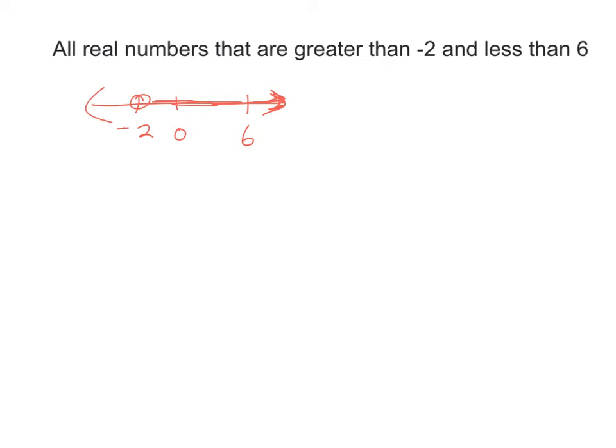But what about less than 6? So another graph, we have -2, 6, 0. Less than, we shade to the left. If we put them together, remember, we want to overlap them.